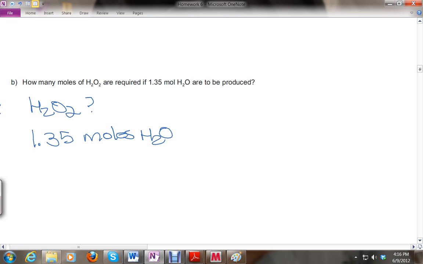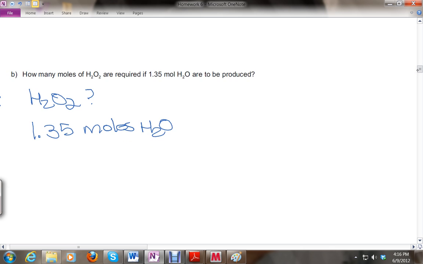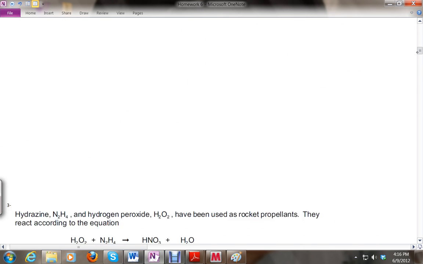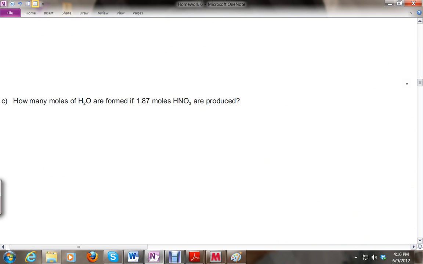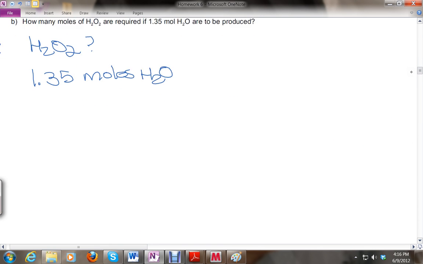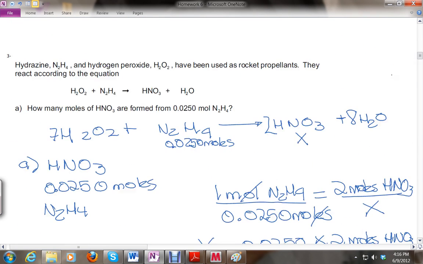So let's go back to our equation. They're giving you 1.35 of water, and they're asking for the moles of hydrogen peroxide. So again, looking at our equation, right? Let me see if I can copy and paste this for a second.